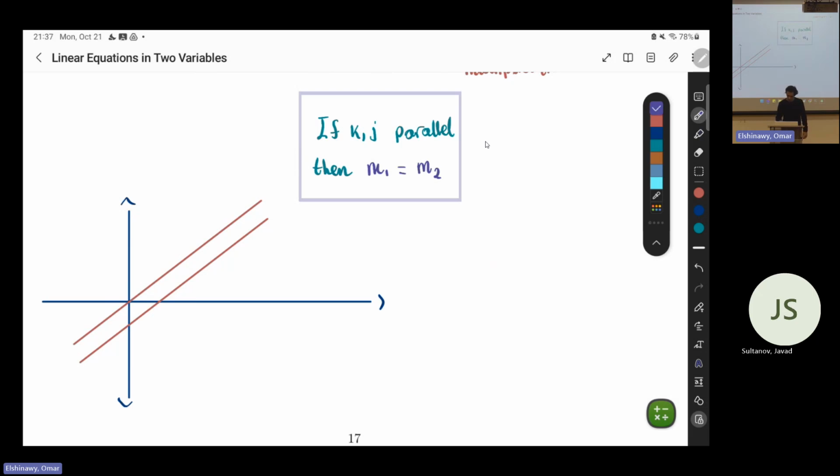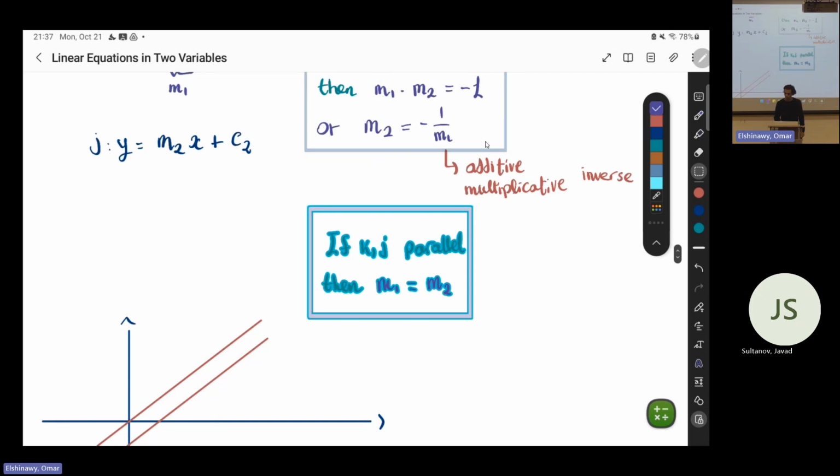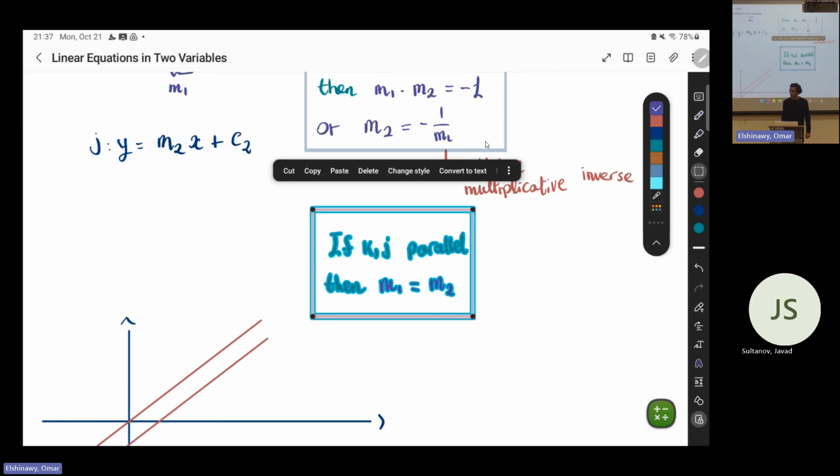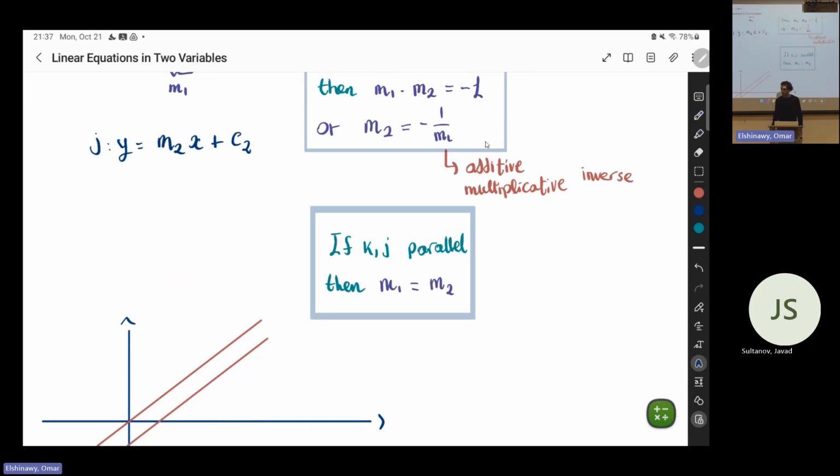So another fact for you here is that if K and J are parallel, then M1 is equal to M2. And I want you to remember this cue. Whenever you have a problem with two parallel lines, automatically you have the same slope, but they're just displaced differently on the plane.